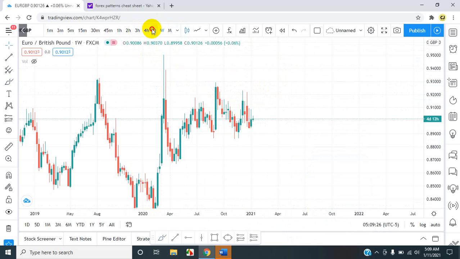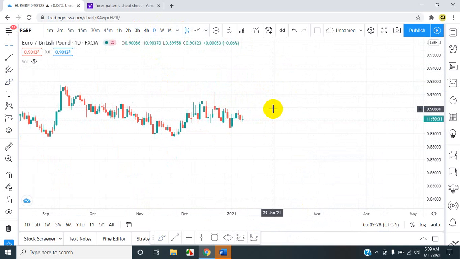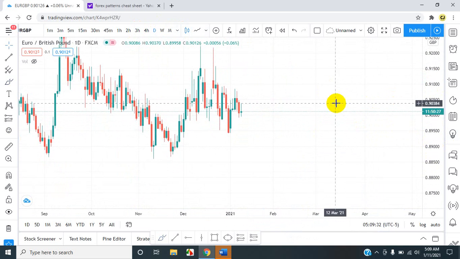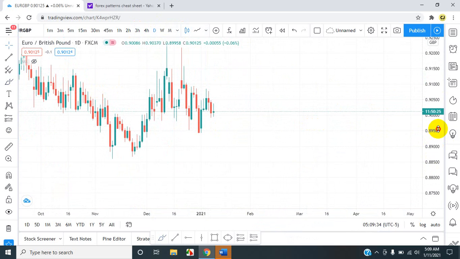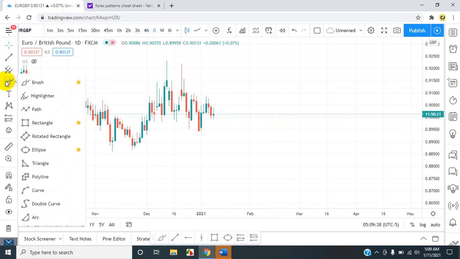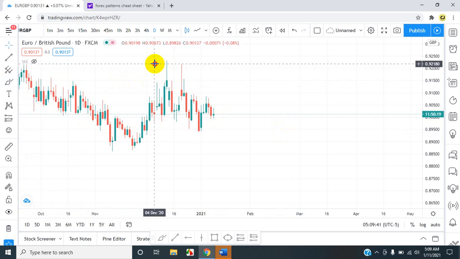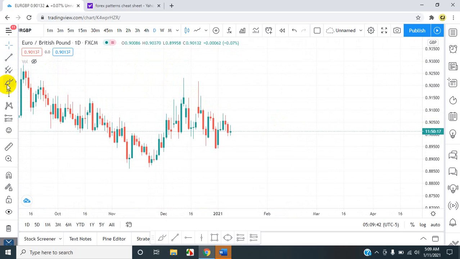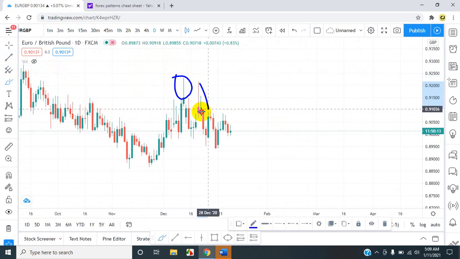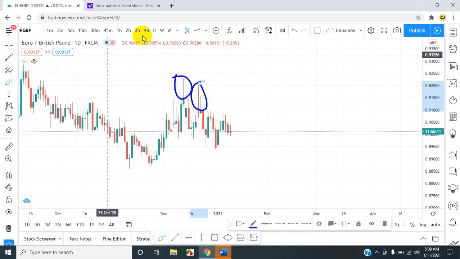Let's check out the daily. On the daily, we can see that big consolidation I was talking about. It's a lot tighter. We have two attempts to the top here. The market pushed up twice, two attempts to the top. So something happened here where the market wasn't able to hold.